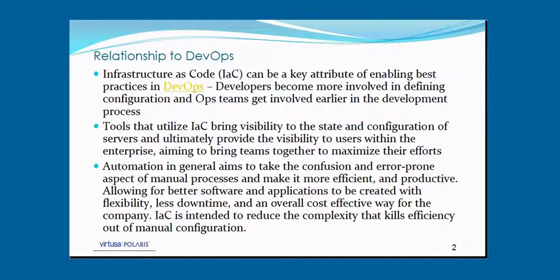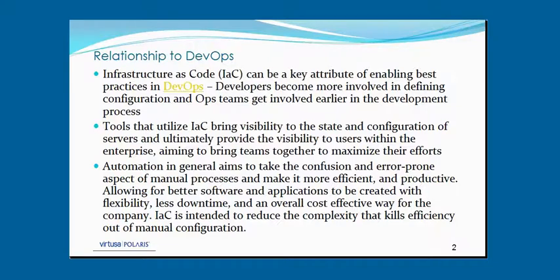So, what is the IaC relationship to DevOps? Why is it so important? Relationship to DevOps. First, infrastructure as code can be a key attribute of enabling best practices in DevOps.